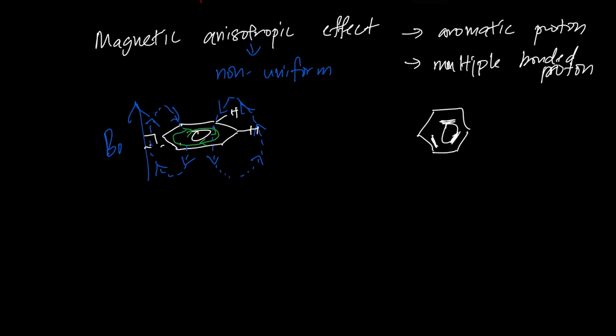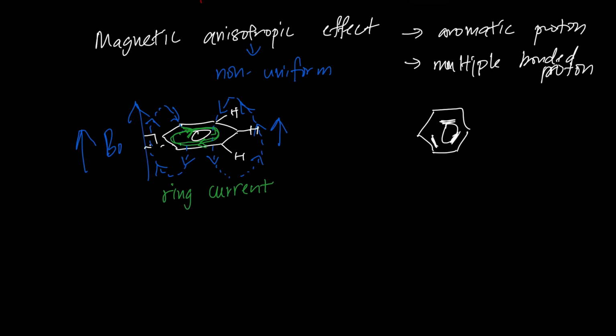It will experience a greater magnetic field because, as you can see here, the external supply magnetic field is in this direction, and due to the circulation of the electrons, which generates the ring current, this green color here is the ring current, and the secondary magnetic field is also in this direction.